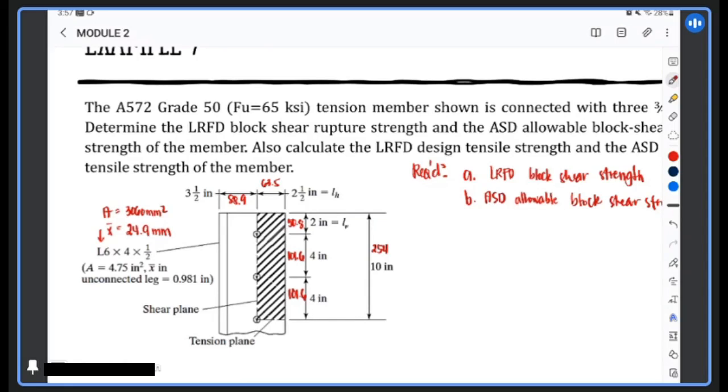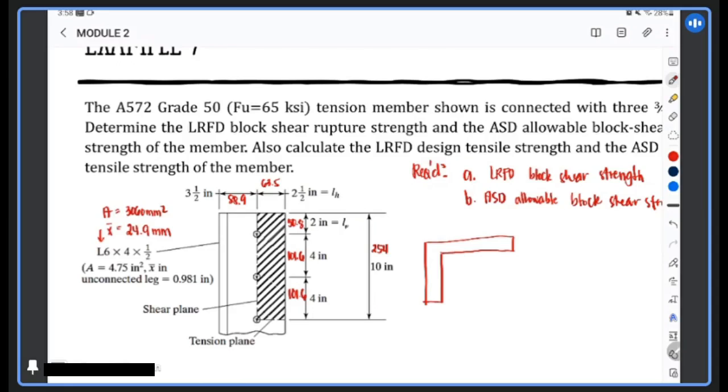Bakit yung 24.9, sir? Ang nakikita natin is yung longer side ang nakakonect. Ganito kasi yan. Okay. Diba? Ito yung longer part. Yung nakapahiga. Okay.